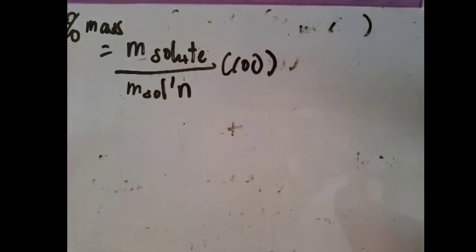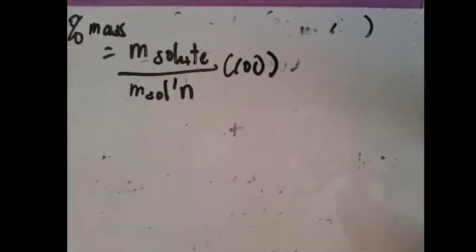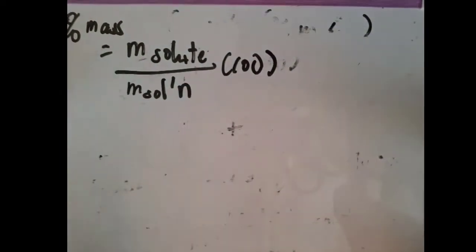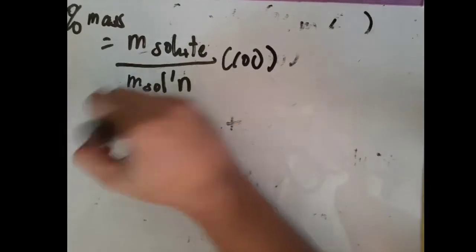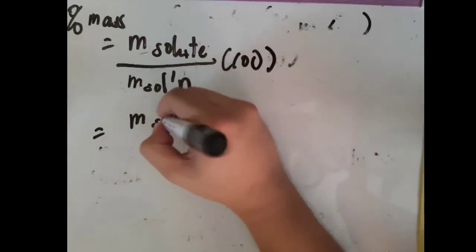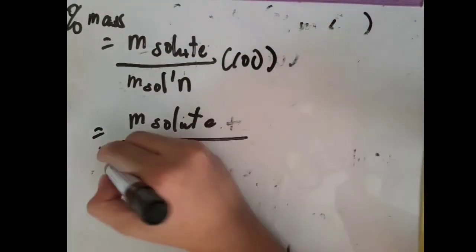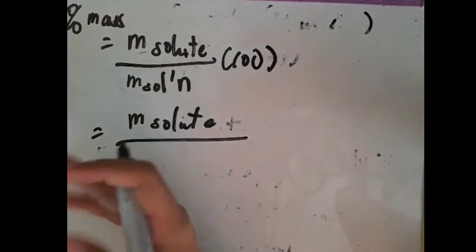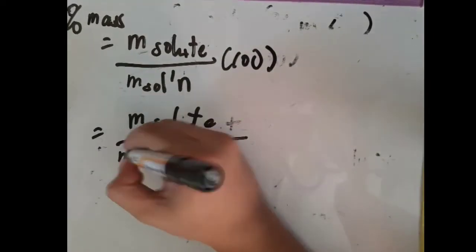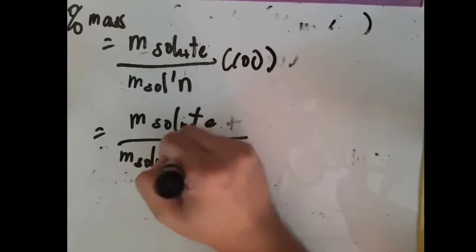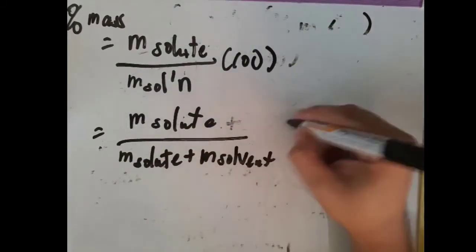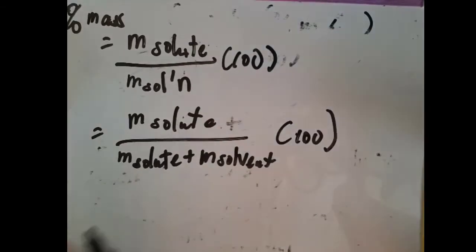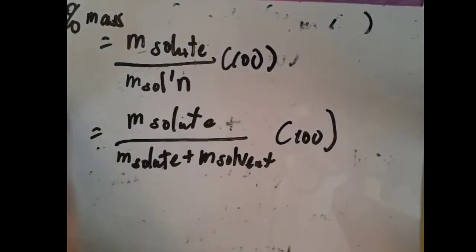Now, going back to our percent mass, since the mass of our solution is the sum of the masses of the solvent and the solute, that means percent mass is equal to the mass of the solute divided by the mass of the solute plus mass of the solvent, multiplied by 100. That's it. That's how simple it is.